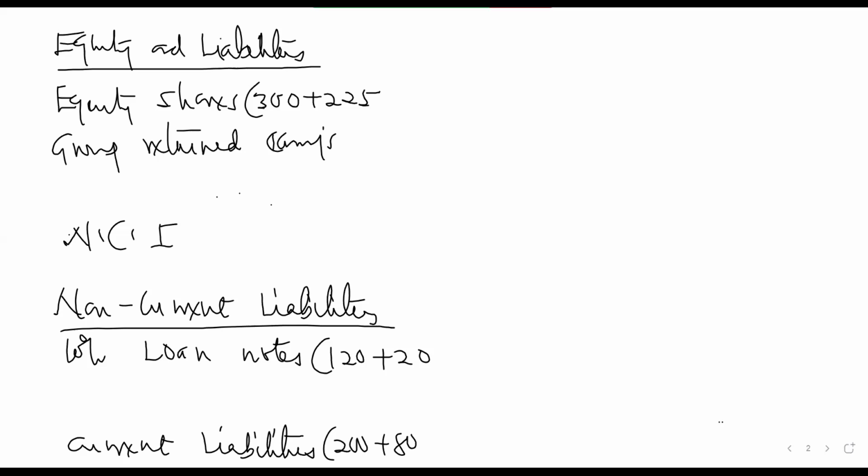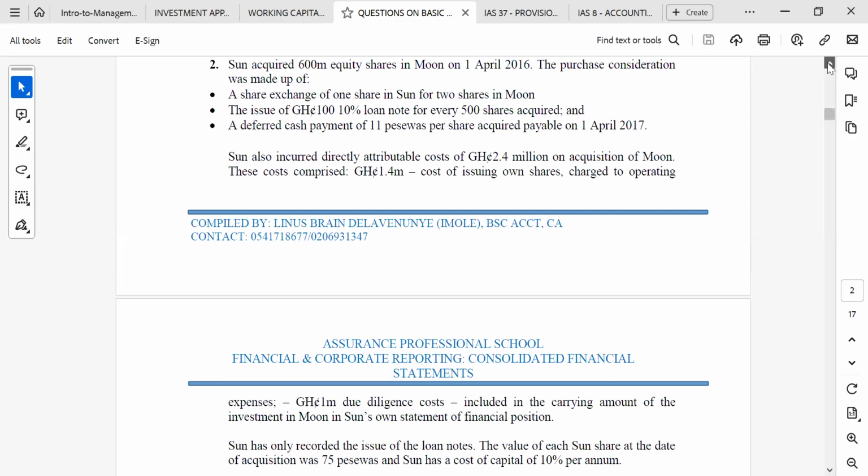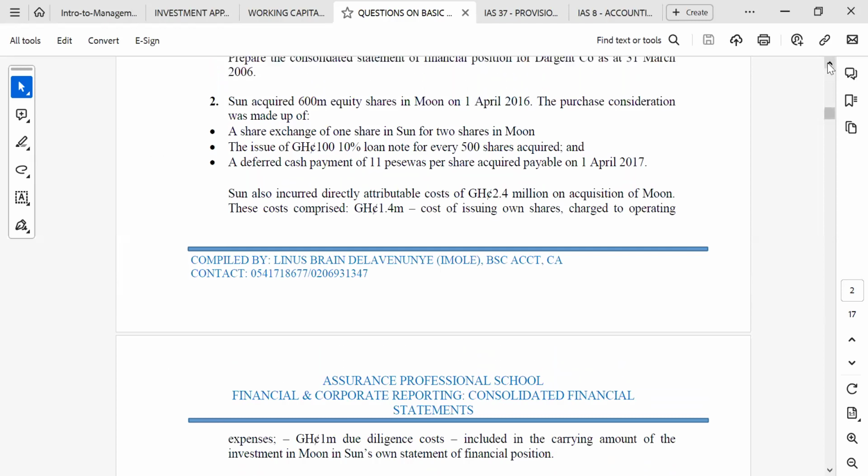Okay, please take the next one, which is the issue of the 100 Ghana cedis 10% loan note for every 500 shares acquired.